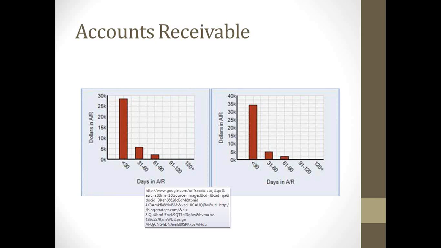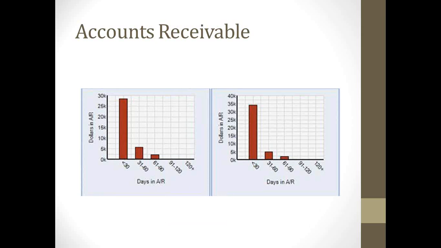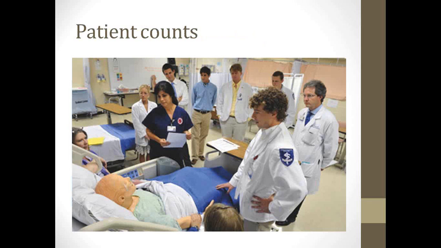High AR rates can also be a symptom of delayed claim submission, dirty claims, excessive fee schedules, and a host of other issues that require attention. Patient counts. Keeping track of new patient, established patient, and inpatient counts can provide perspective and understanding of other metrics.